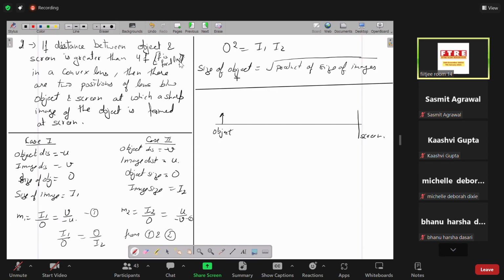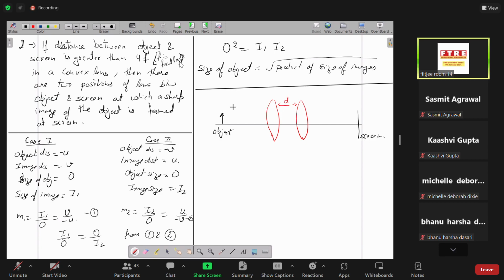So I'm getting two positions of the lens in between. This is the first position. And say then we shift this lens by a distance small d to get another position of the lens for which the image of the object is formed on the screen.